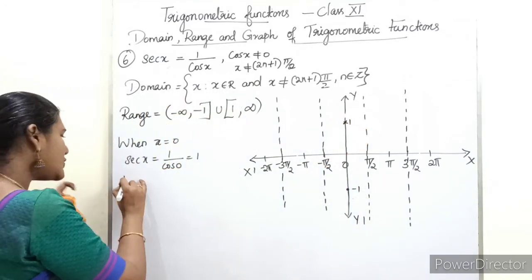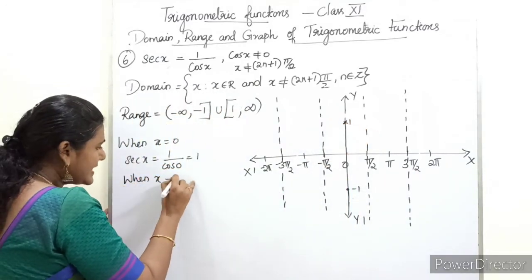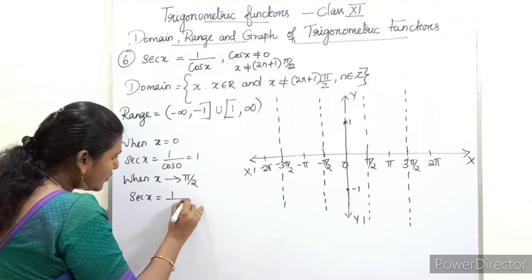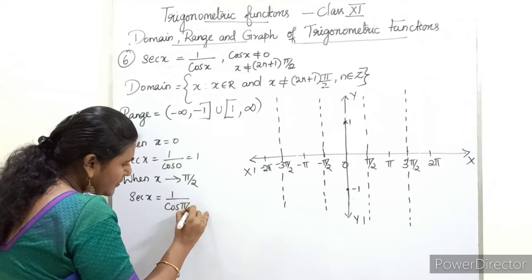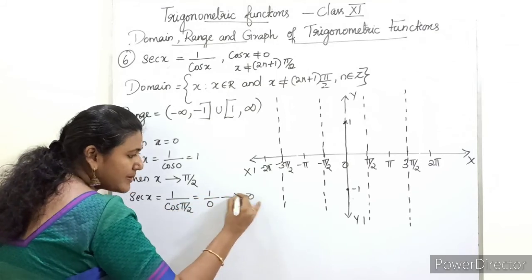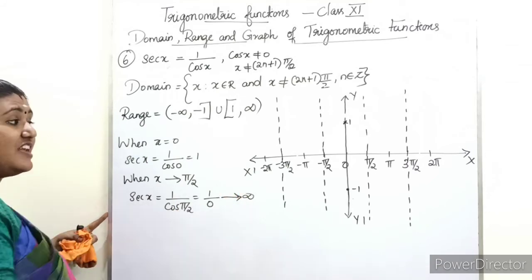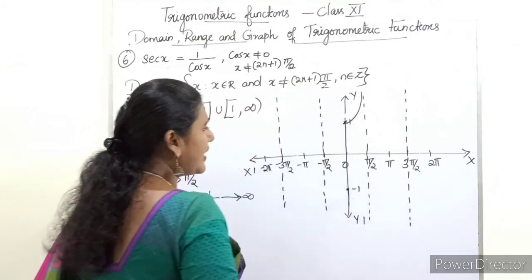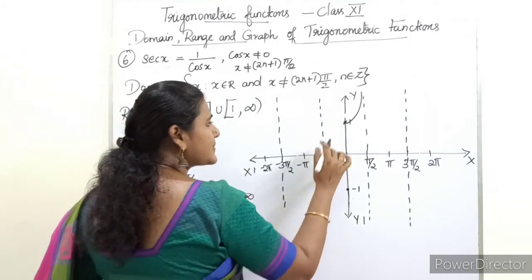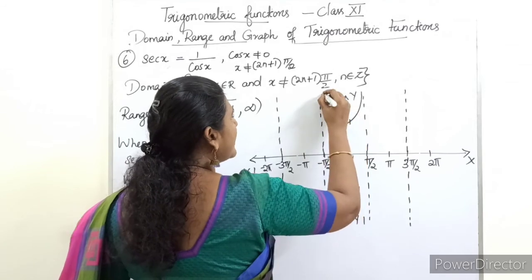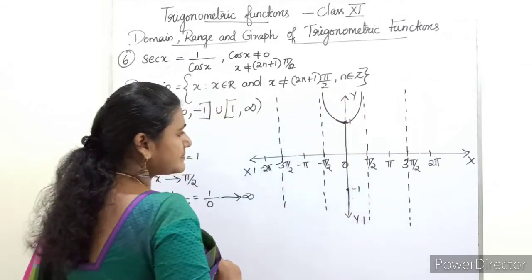Now when x tends to pi by 2, then sec x is equal to 1 by cos pi by 2. Cos pi by 2 is 0. So 1 by 0, that means sec x tends to infinity. So you will get the graph like this. Similarly for minus pi by 2 also you will get the same thing. So you will have a graph like this at this point.